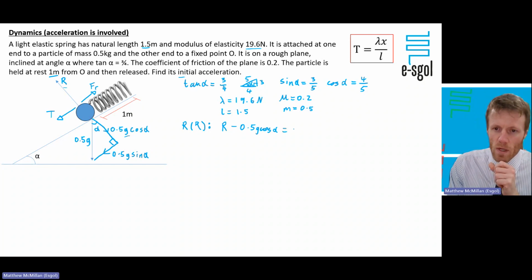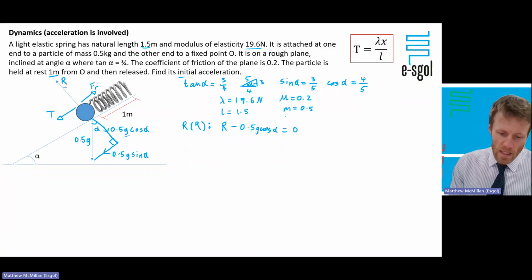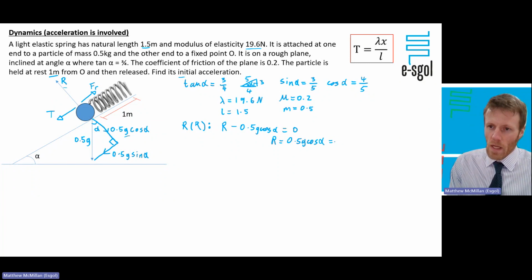This is in equilibrium perpendicular to the plane because it's not floating up off the plane, so it can equal 0. That means that R is 0.5 g cos alpha, and cos alpha is 4/5, so this gives us 0.4 g because we're using the information from up here.